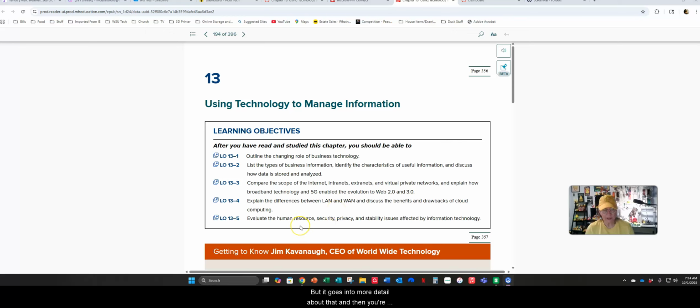And then you're going to be looking at the human resource security, privacy, and stability issues affected by information technology. A couple of summers ago, WSU Tech got hacked, and it was right at the beginning of the summer session, and it was chaos central with all the information that was actually obtained by the hackers.